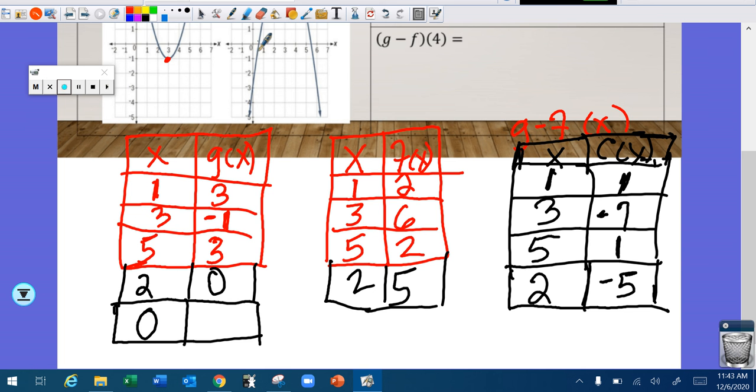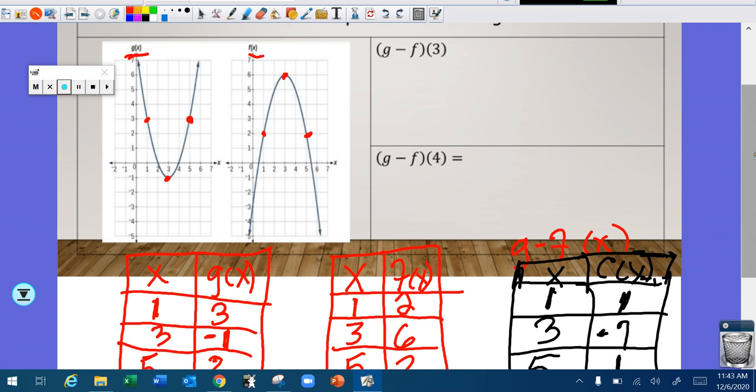If I keep this pattern going, I go up 1, over 2, up 1, and it gets smaller. It looks like I may drag out at about 7.